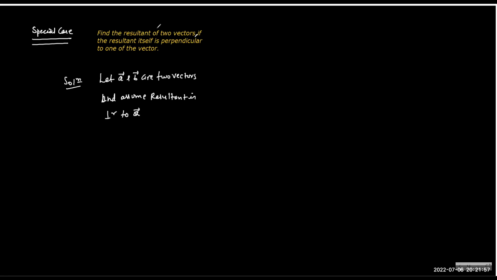But the moment I choose A, how will the two vectors look? Think very carefully about what I'm saying. If I choose this as A, my resultant will be like this. So this is my resultant vector R. As per the question, this is the graph I can draw, with my assumption that the resultant is perpendicular to A.